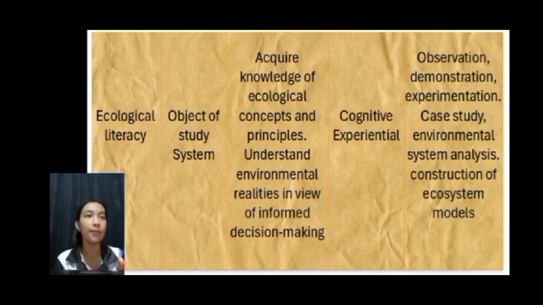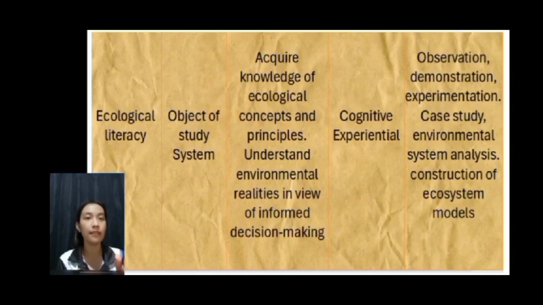Developing ecological literacy involves gaining insights into how ecosystems function, the interdependence of species, and the ecological principles that govern the natural world. This knowledge is essential for making informed decisions and fostering sustainable practices in relation to the environment. So this is all about the object of study system in ecological literacy.